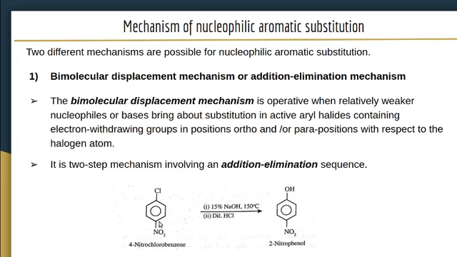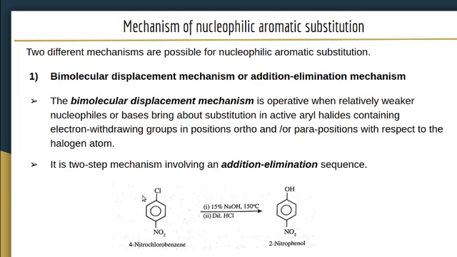If there are electron withdrawing groups present at ortho and/or para position, then the ring will become more active and the mechanism will be the bimolecular displacement mechanism. In the other case, if there is an electron donating group present in the aryl halide, then the mechanism will be the other one, the benzyne mechanism or elimination-addition mechanism. Also, if there is no electron withdrawing group or electron donating group, that means a simple aryl halide, then also the benzyne mechanism is followed.